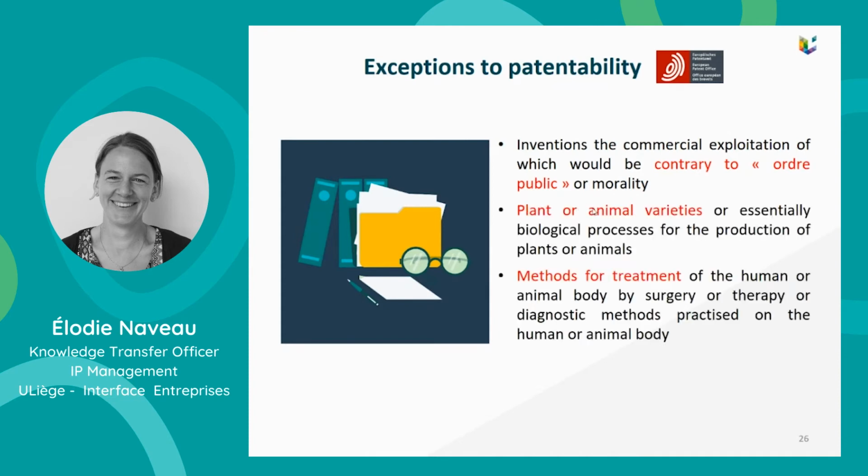Second point is plant or animal varieties. If it is obtained by an essentially biological process, that is, the breeding of plants or the breeding of animals, that is not patentable. But if you use biotechnology to obtain genetically modified animals or genetically modified plants, then it will be patentable in some way.